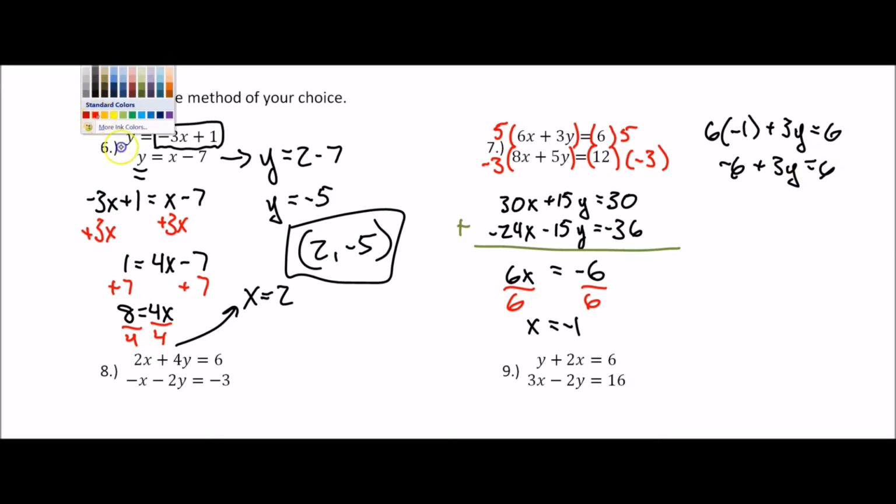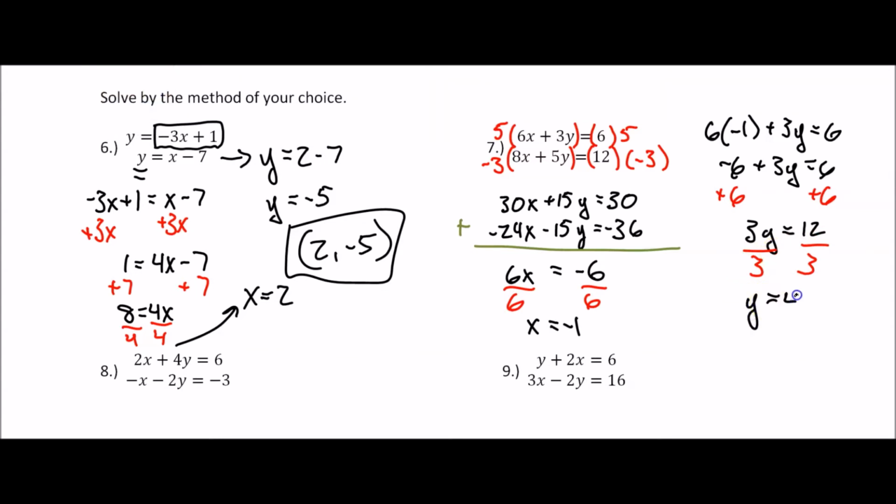I'm going to add that 6 to each side. And then divide. So you get y equals 4, so it's the ordered pair negative 1, 4.